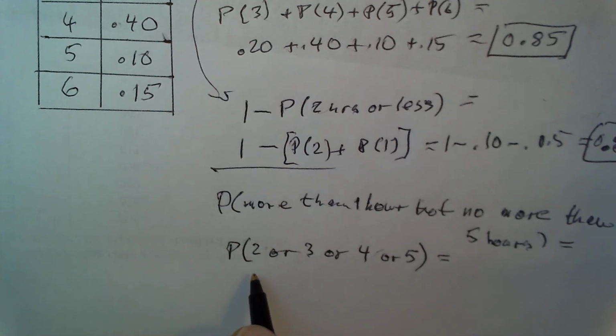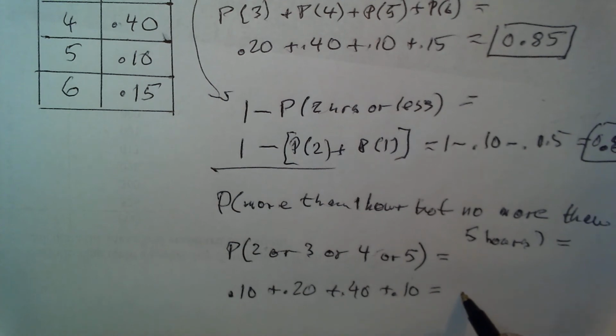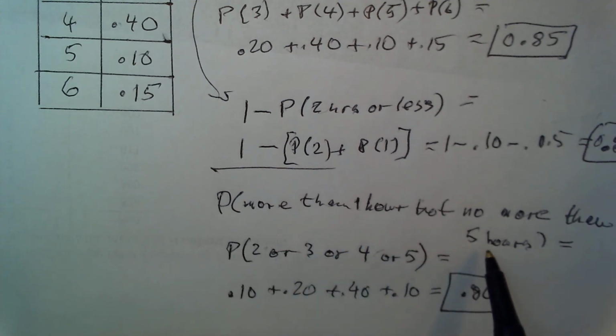And so those probabilities, when we look at the table, is equal to 0.10 plus 0.20 plus 0.40 plus 0.10, and it would be equal to 0.80. So that's the probability of studying more than 1 hour, but no more than 5 hours.